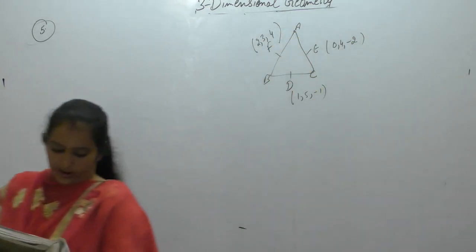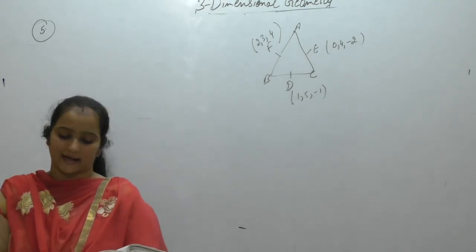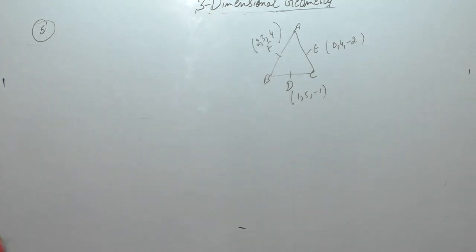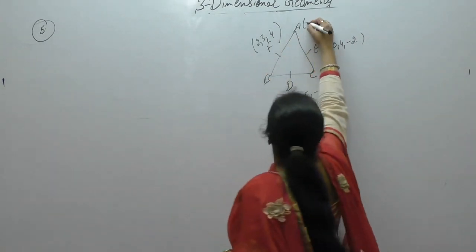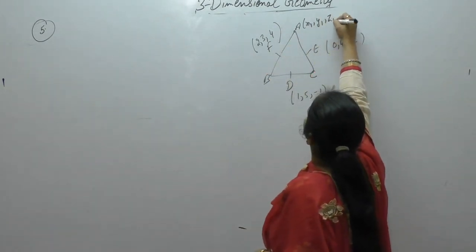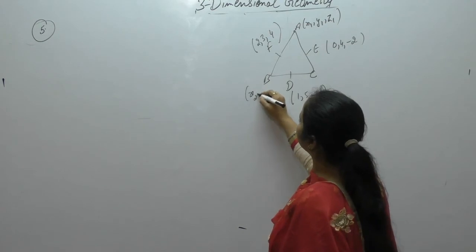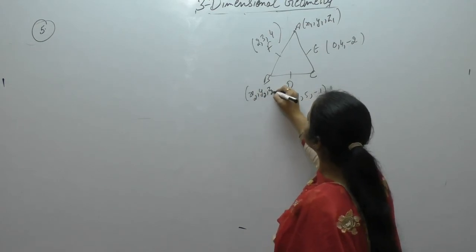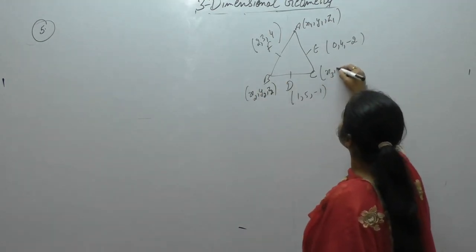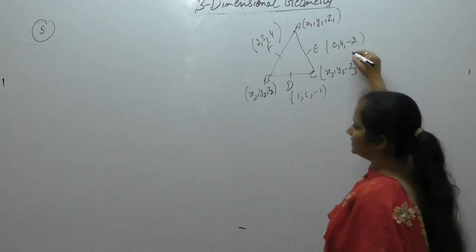Now the midpoints of the sides of the triangle are these. Find its vertices. Let A have coordinates (x1, y1, z1), B (x2, y2, z2), C (x3, y3, z3).